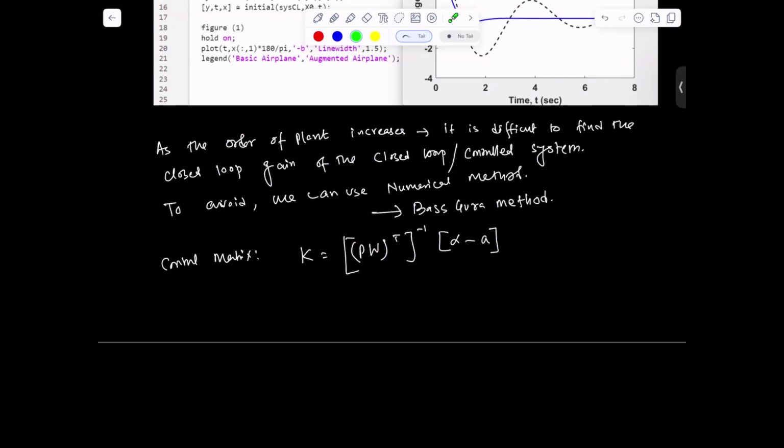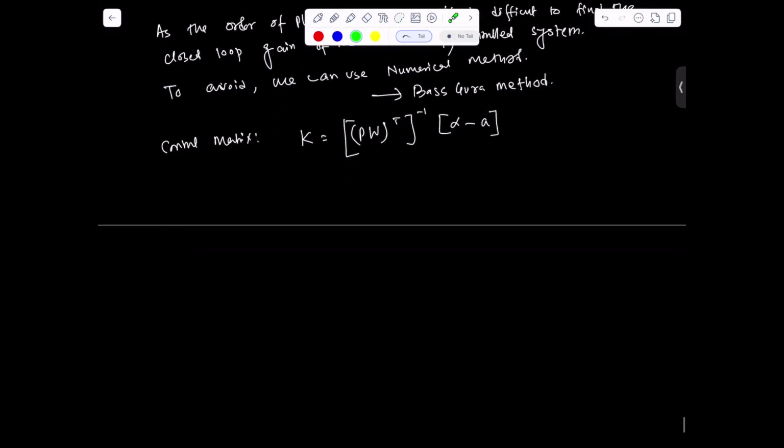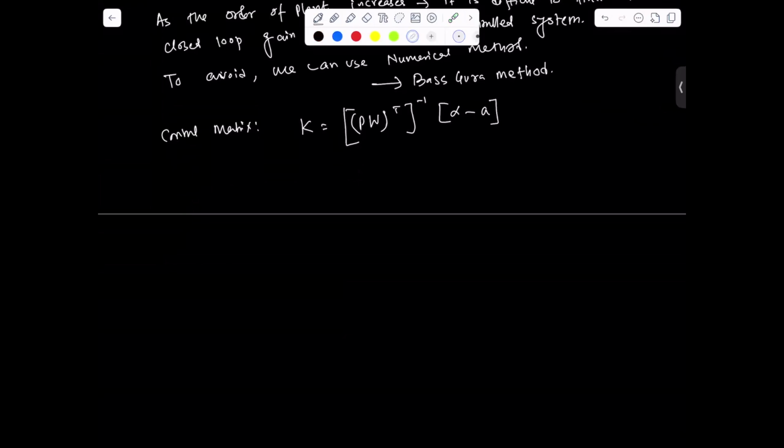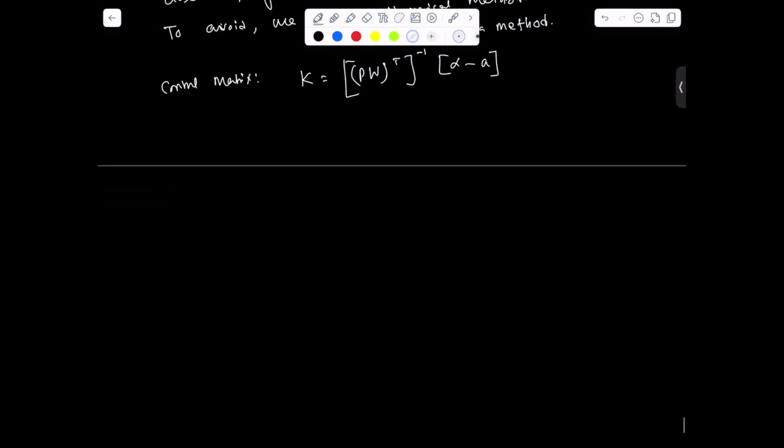polynomial. So now here we can form the W matrix. W can be formed as, P we already know, right? We can find P easily. So W we can find as 1, A1, A n minus 1, 0, 1, A n minus 2, and 0, 0, and this is 1.